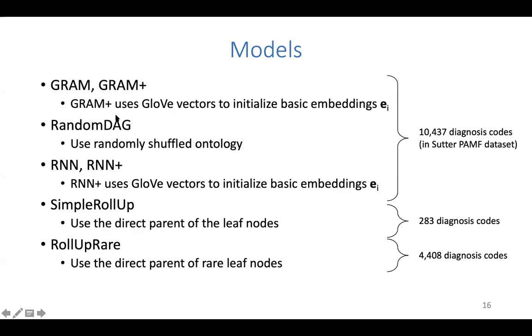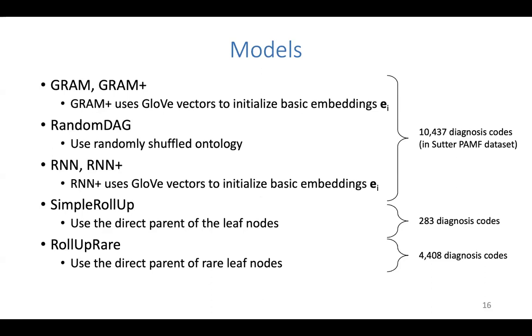Random DAG is interesting. Random DAG is trying to use a shuffled ontology. So we're randomly shuffling the nodes in your graph in the CCS multi-level hierarchies, which means it's incorrect domain knowledge. So Gram and Gram Plus are using correct domain knowledge, and random DAG is using incorrect random domain knowledge, which means just nothing.